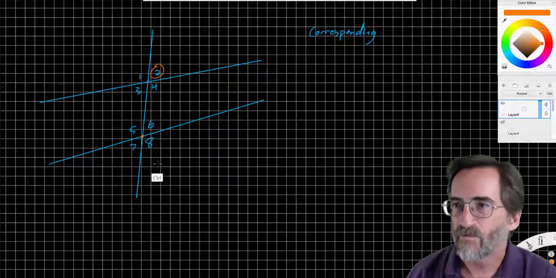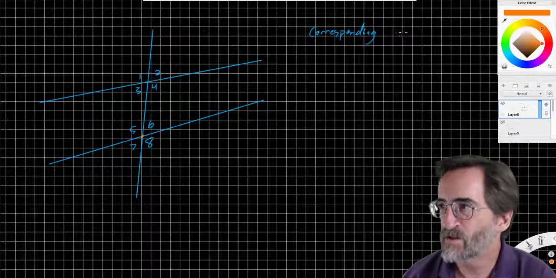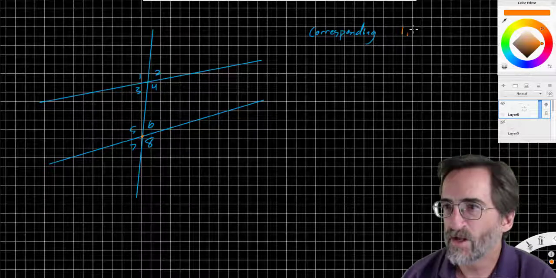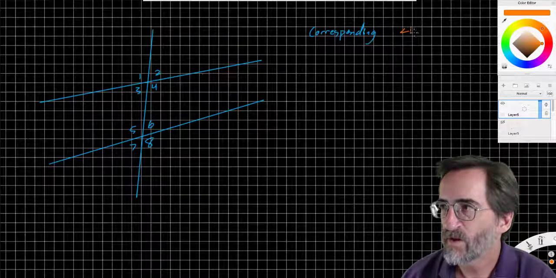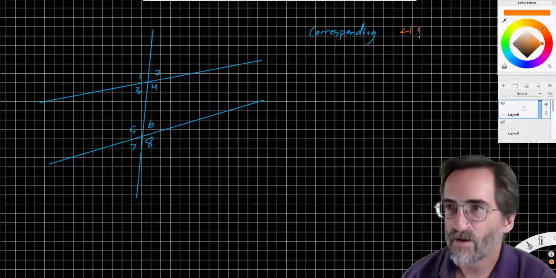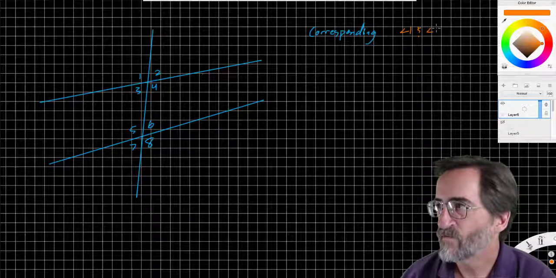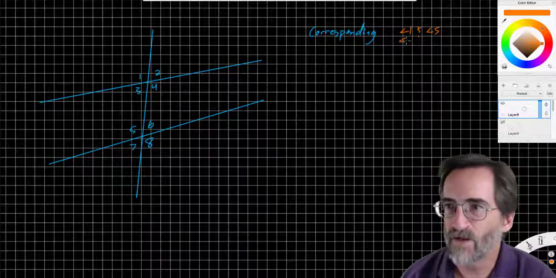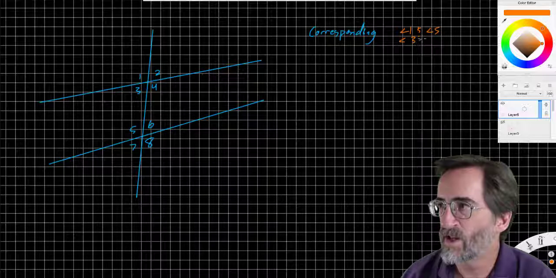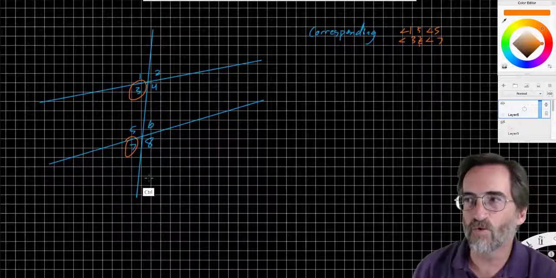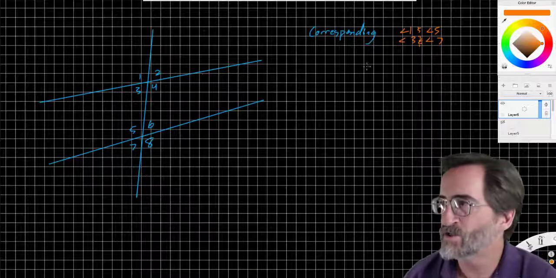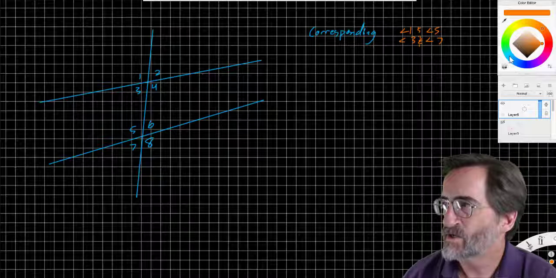As another example, angle 3 and angle 7 are in the bottom left. Corresponding angles, same orientation in different intersections.